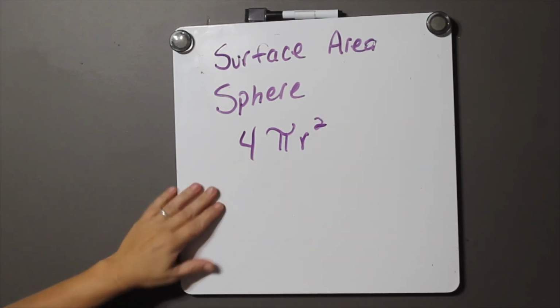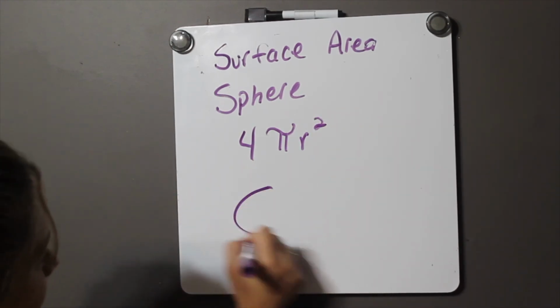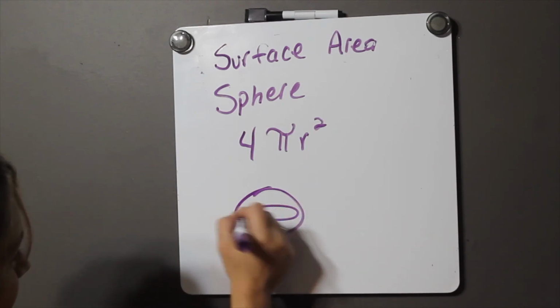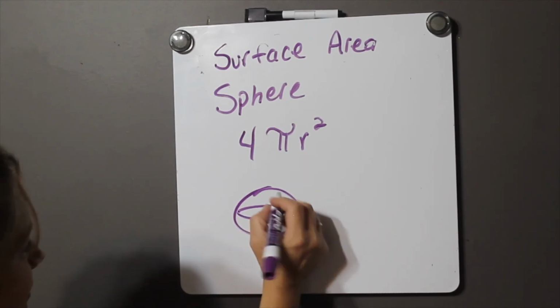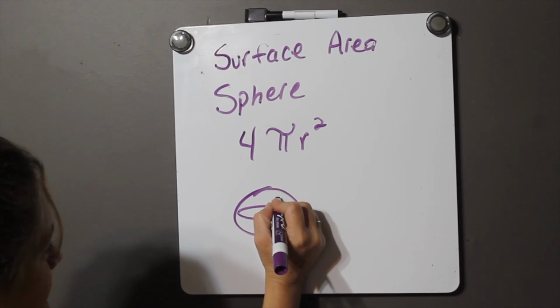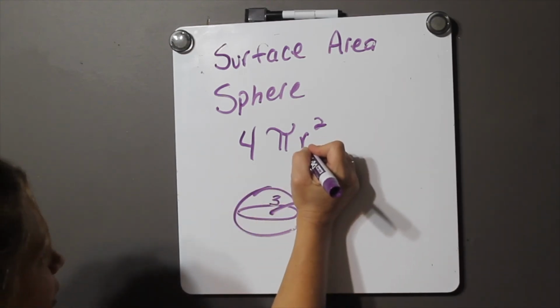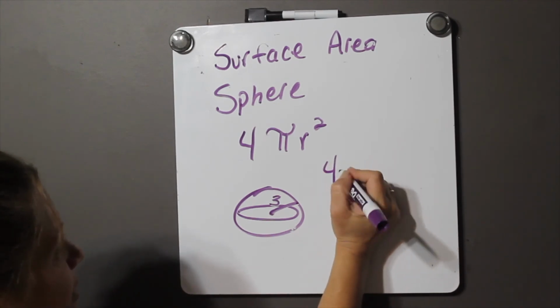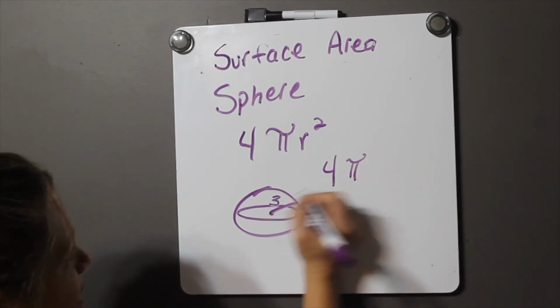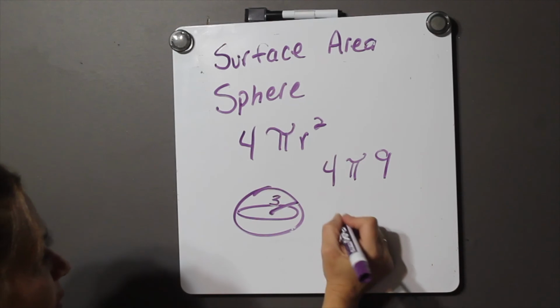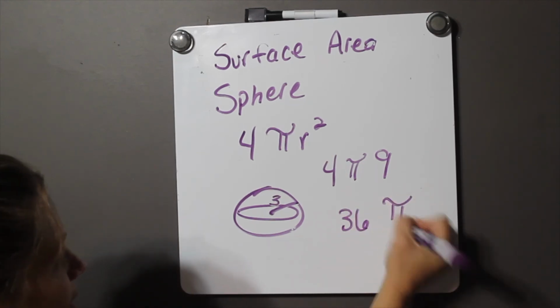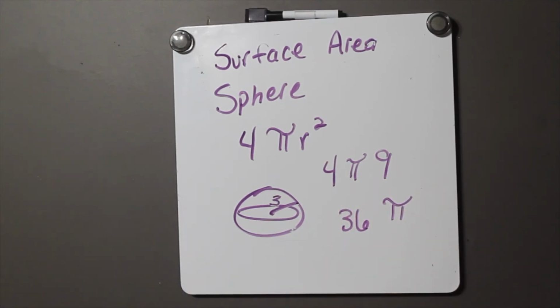So, this one's pretty easy. If you have a sphere, and let's say that it's got a radius of 3, you're just going to plug that 3 in where your r is, and you're going to say 4 times pi times 3 times 3 is 9, times 4, 36 pi will be the surface area of that sphere.